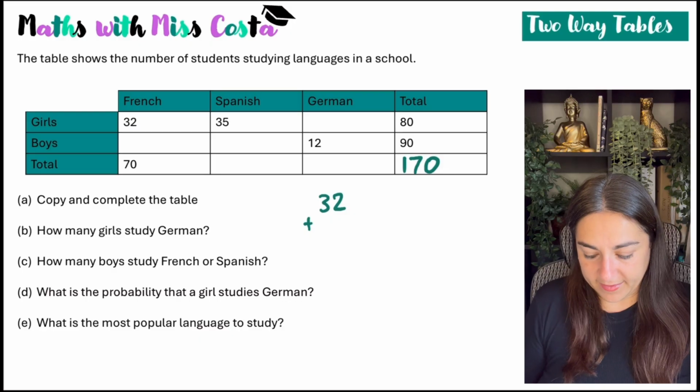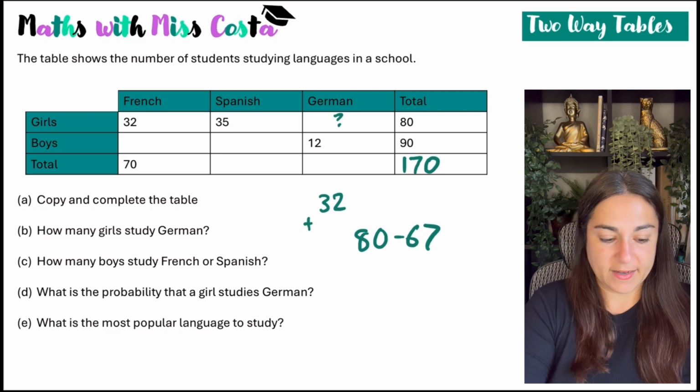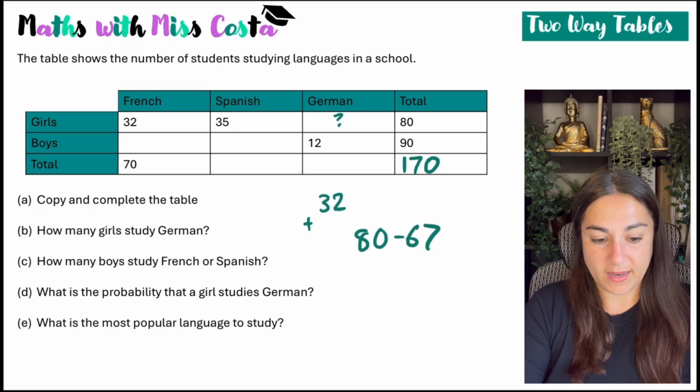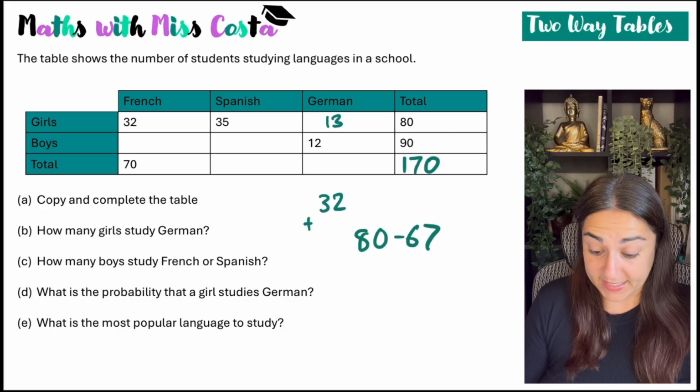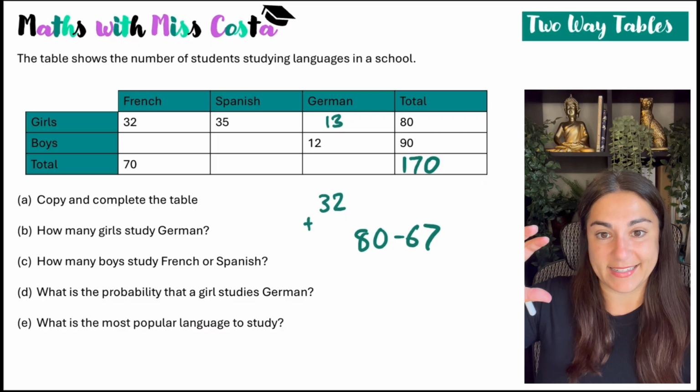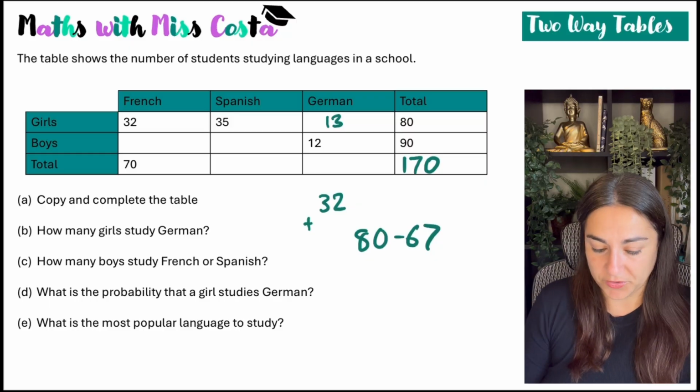So 80 take away 67 is going to give me 13. To double check, you would do 32 plus 35 plus 13 and it should make 80. All your rows and all your columns always need to add up to the total.